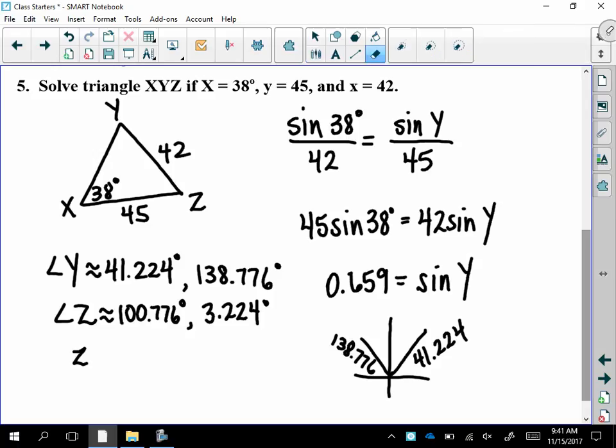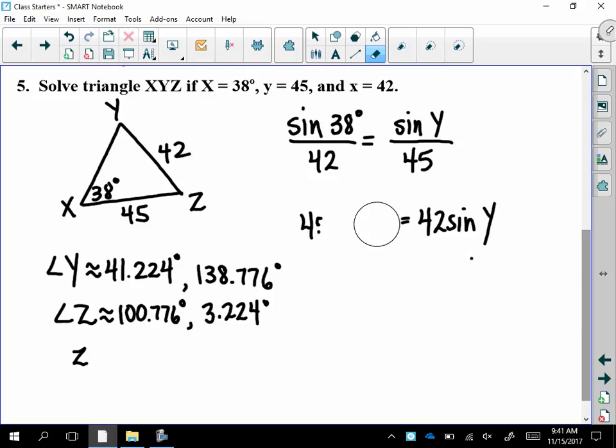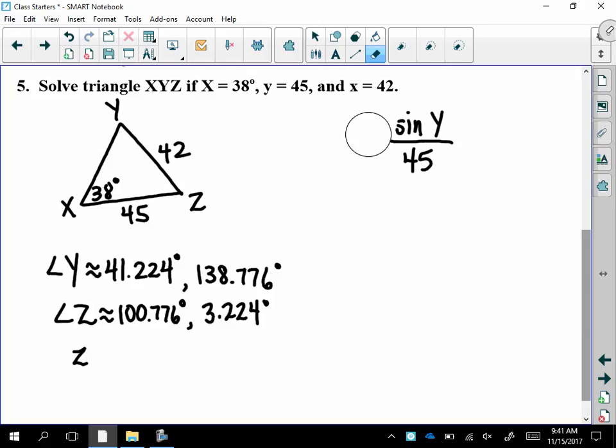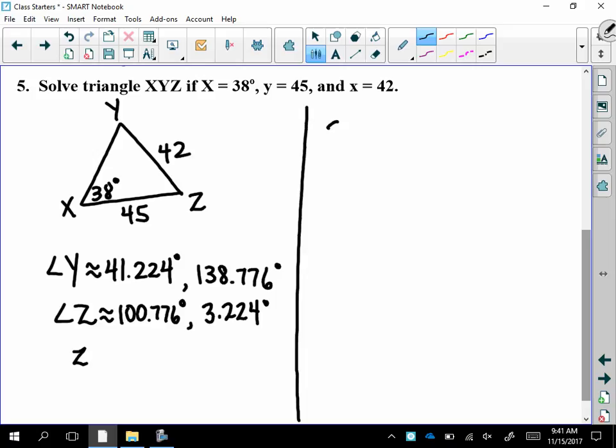Okay. Here's the crappy part. You've got to find angle Z, well, to find side Z. Find side Z. So we've got to do the law of sines. But unfortunately, we're going to have to do the law of sines twice.